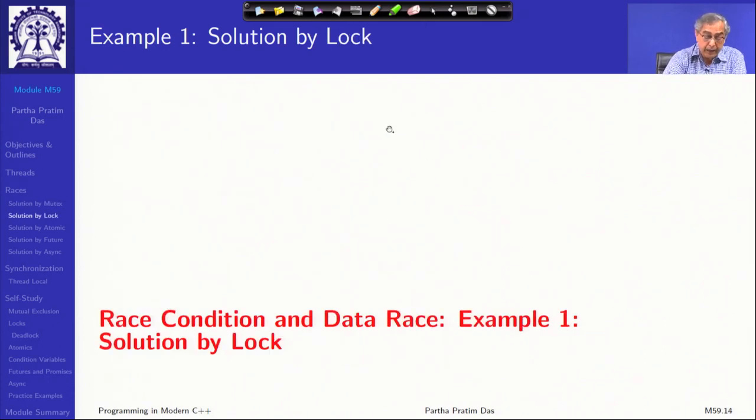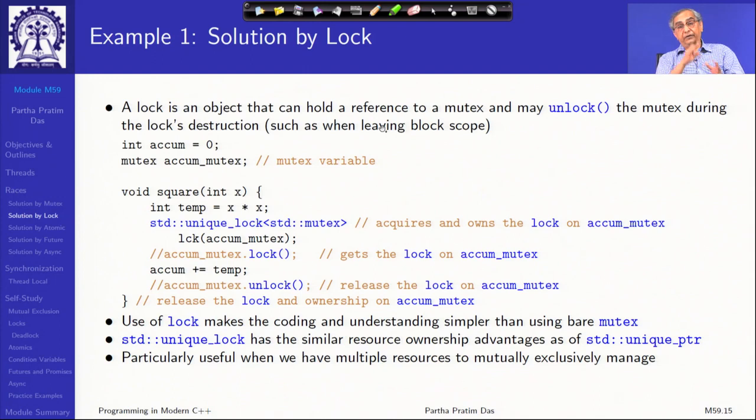Now, we will introduce a modification or a refinement of this mutex solution using something known as a lock. Lock works in this way: suppose you have a mutex variable on which you could have done mutex.lock, accumutex.lock, accumutex.unlock as you have been doing here.